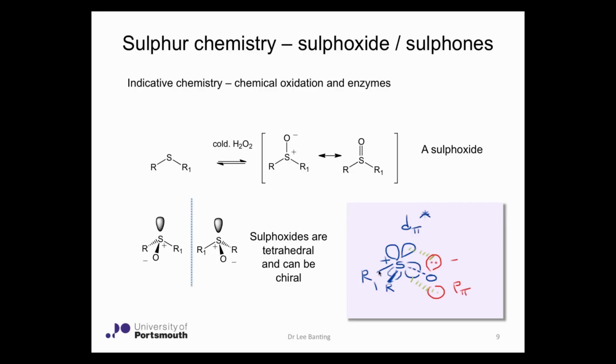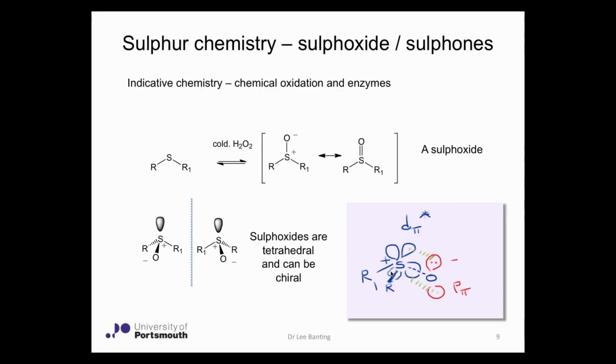In fact, the sulfur is sp3 hybridized, but the double bond comes about because of a donation of a pair of electrons from the oxygen's p orbital, which is a pi-type orbital, into a d orbital that's empty.